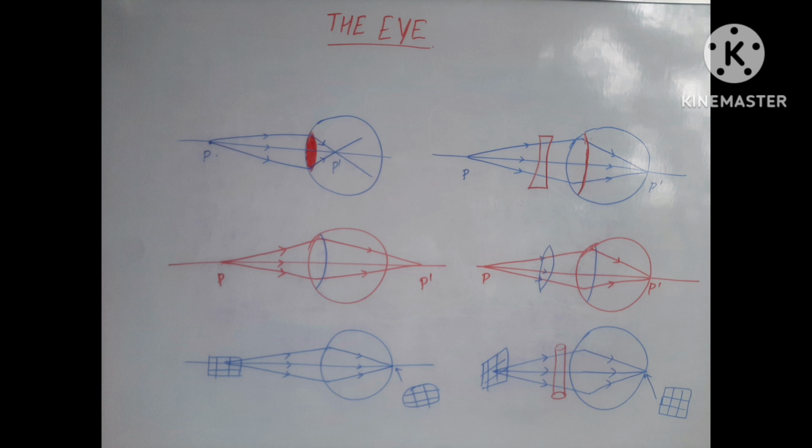So due to this, the person may not be able to look at a mesh or a grid of lines. He focuses either the vertical lines or the horizontal lines. There is a distortion in this. This distortion is corrected by a cylindrical lens of desired focal length. This is called astigmatism.